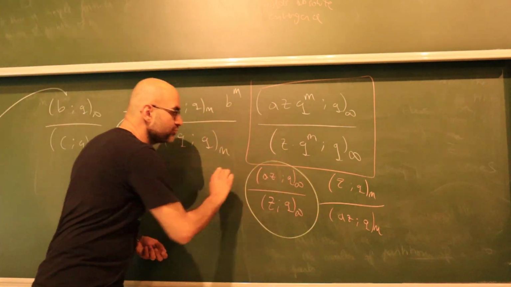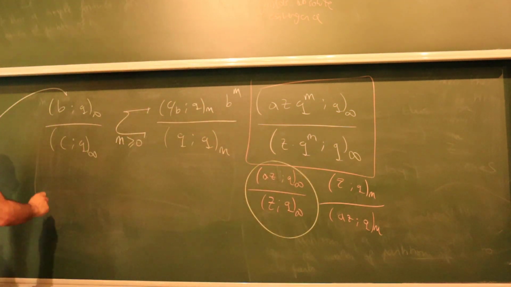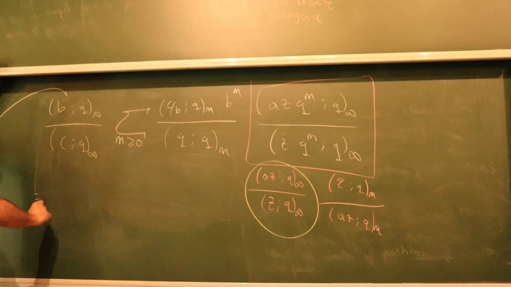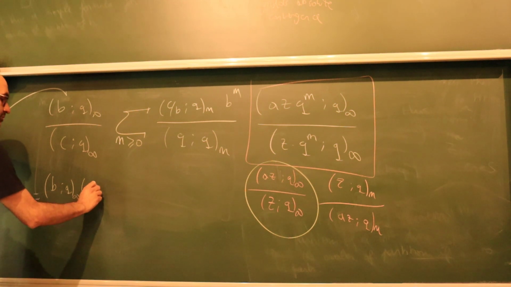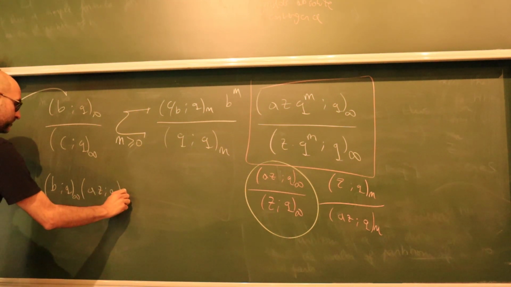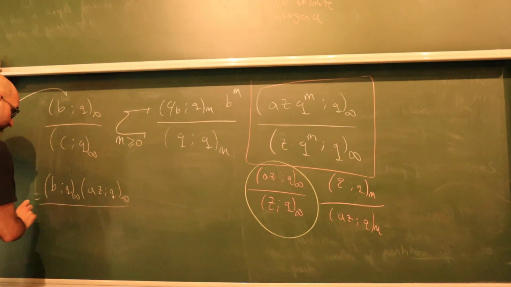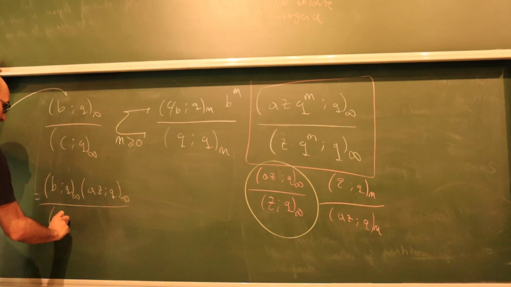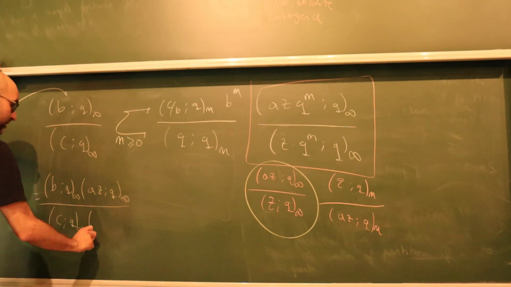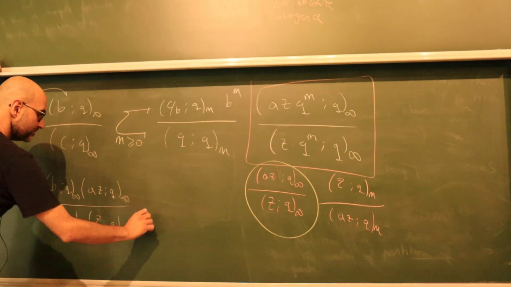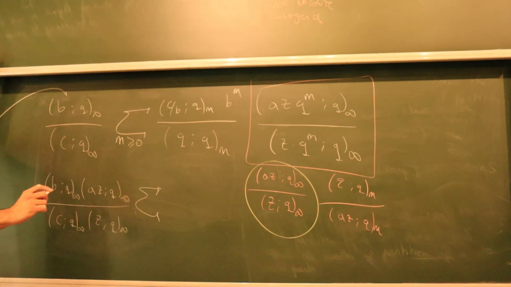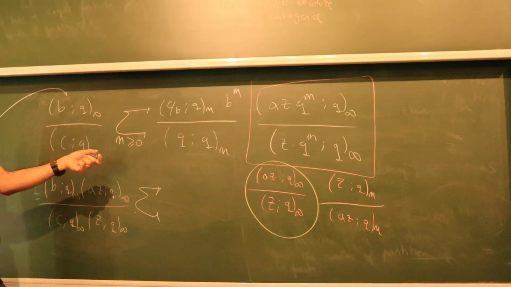We can take these two guys out as well. So we have B, A times Z, C, and Z. And inside the summation, which parameters do we have?